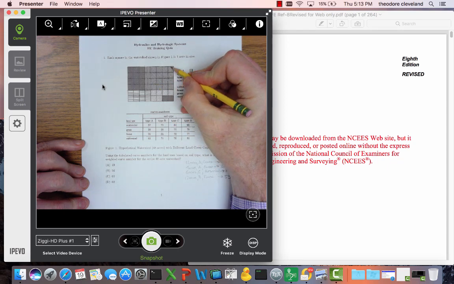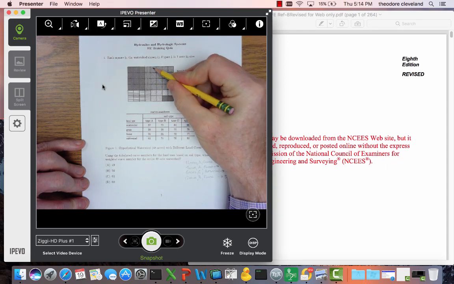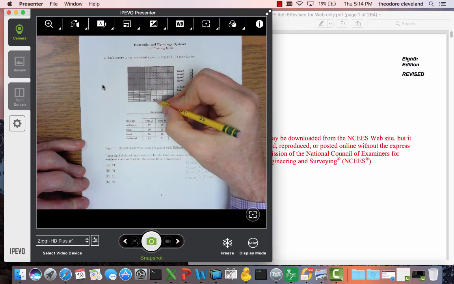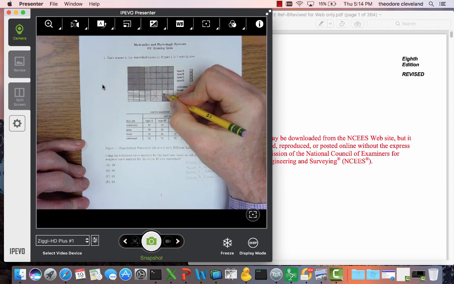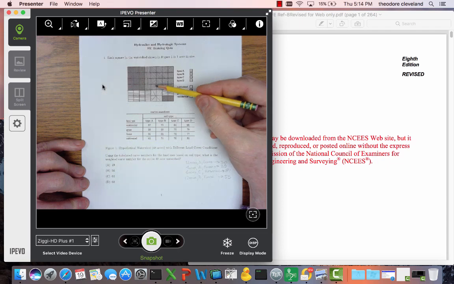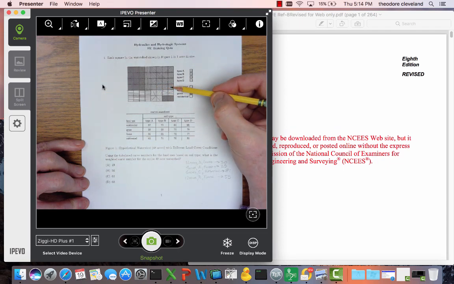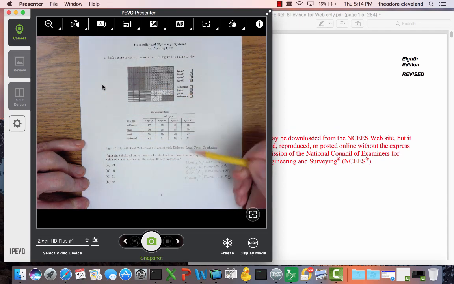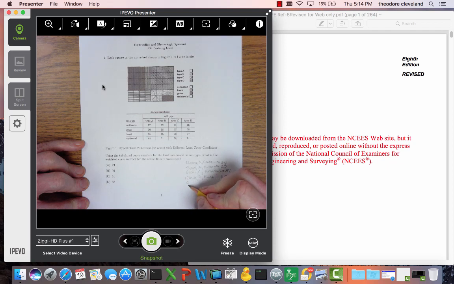That takes care of those ones. And let's see, I got my 6 acres of residential, so those are out. We have 1, 2, 3, 4 acres of type C forest. Curve number 70.